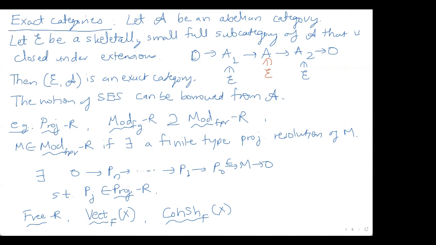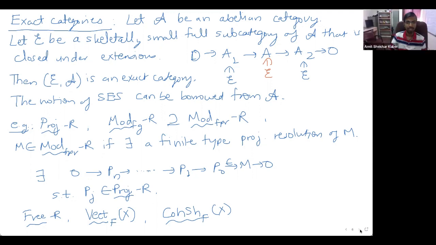Yes. These last two examples, in which abelian category do they sit? Okay. I haven't thought about it. Perhaps, I mean, coherent sheaves, I can tell you it sits inside the category of all pre-sheaves, which is definitely abelian. It's a Grothendieck abelian category. And I think this one will also sit inside the same thing.